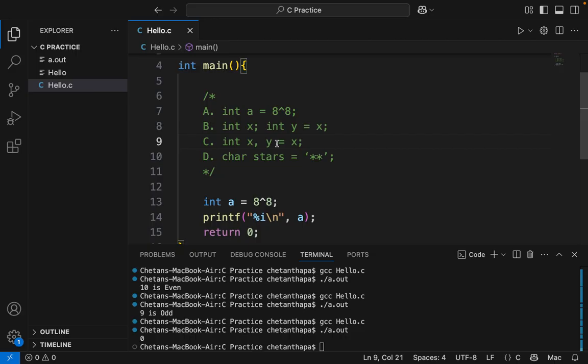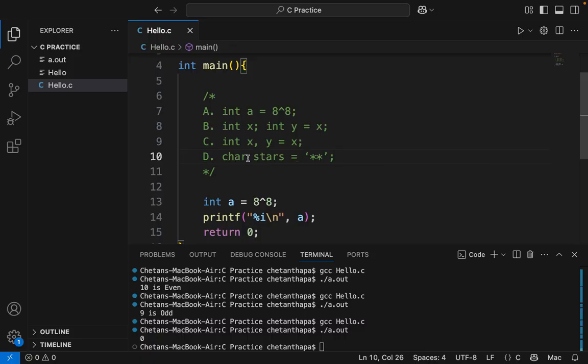Because you have not assigned. Okay, sorry, this will also be valid, because int x, y means this y is also an integer. But here the point is, will this line of code be valid?